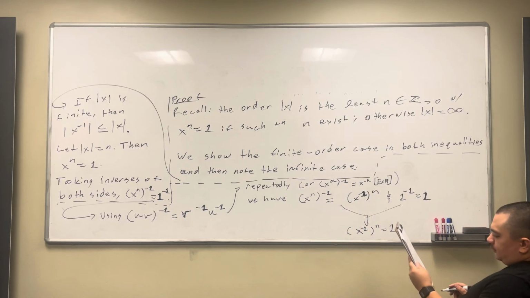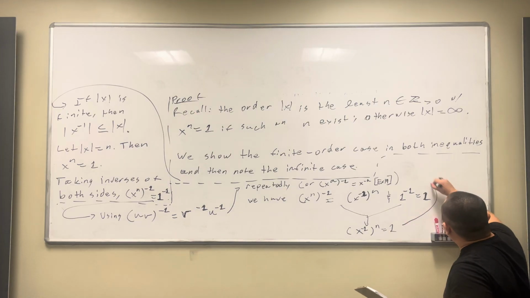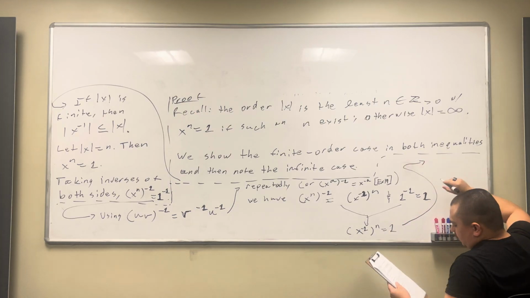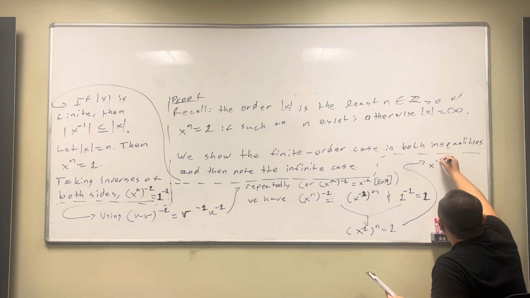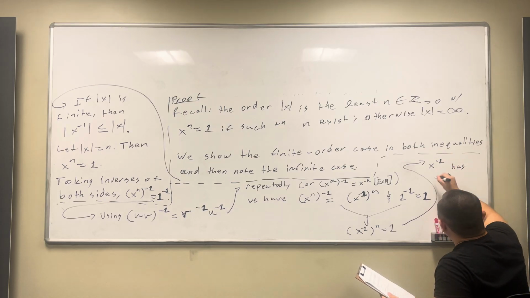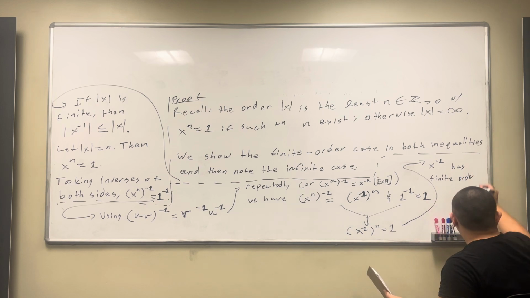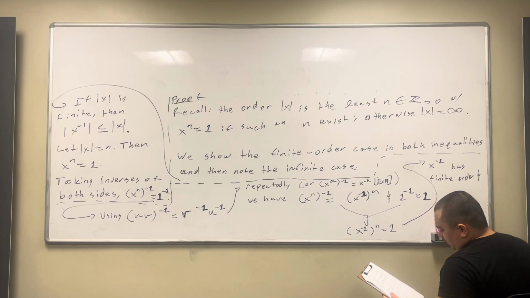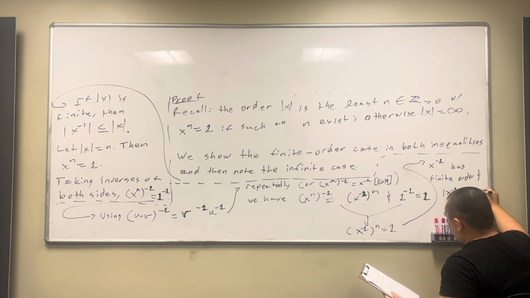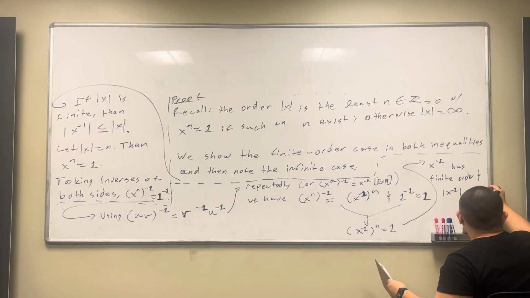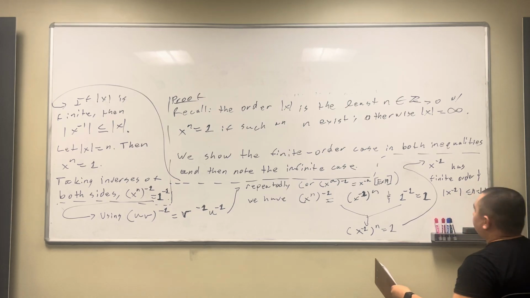So from that, we can then say x to the power negative 1 has finite order, and the order of x to the power of negative 1 is less than or equal to n, which is equal to the order of x.